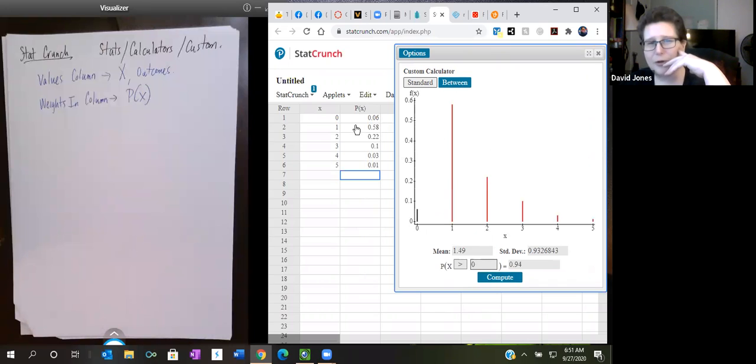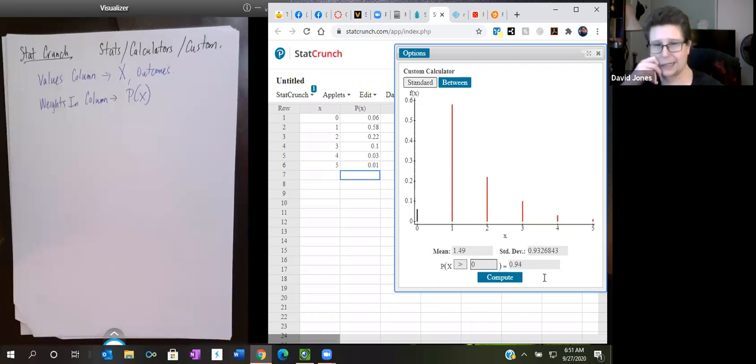That's going to include X equals 1, X equals 2, X equals 3, X equals 4, X equals 5. It just doesn't include the 0. The 0 on the screen is black. The other columns are red. It's adding up the red columns. So it'll show you what it's adding up. Okay.